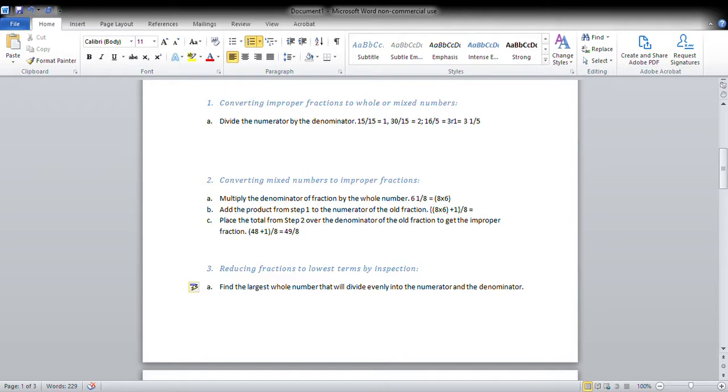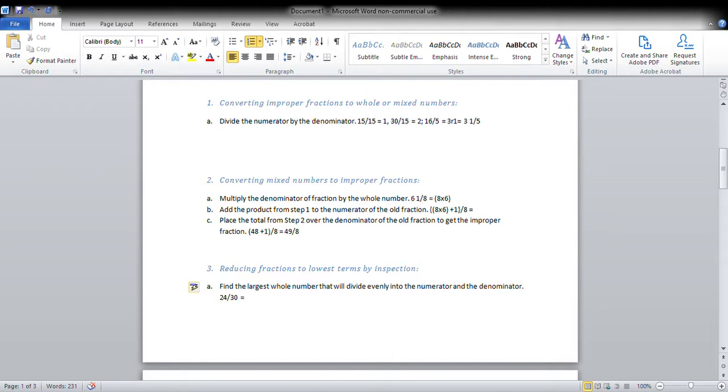So for this example in your lecture, they use 24 over 30. So what number will go into 24 that will also go into 30? And remember, we're looking for the largest. So let's start with the smallest, actually. So we know that they'll go into 2.